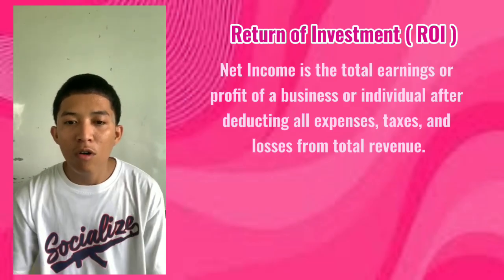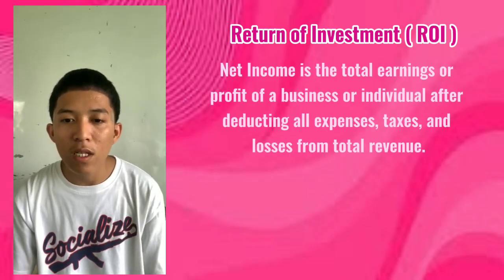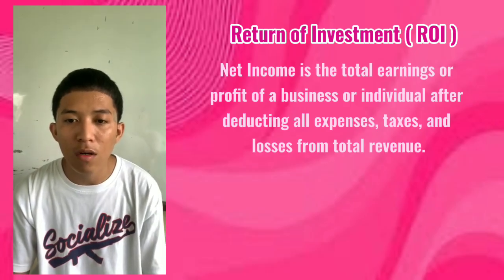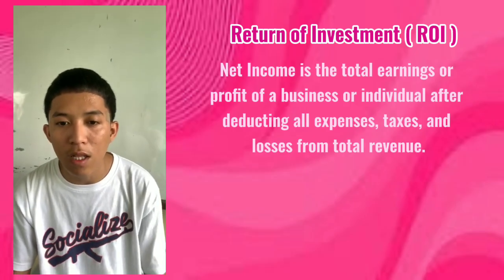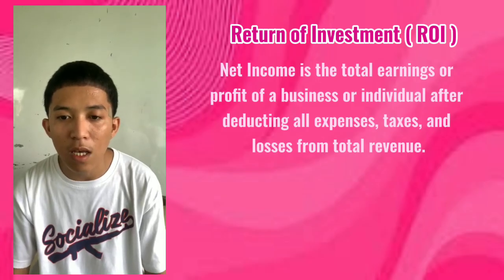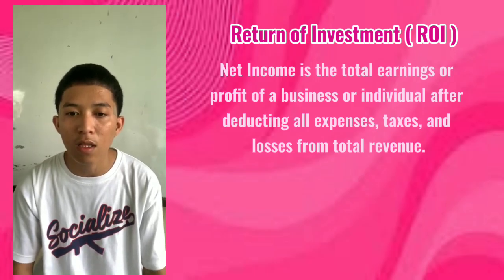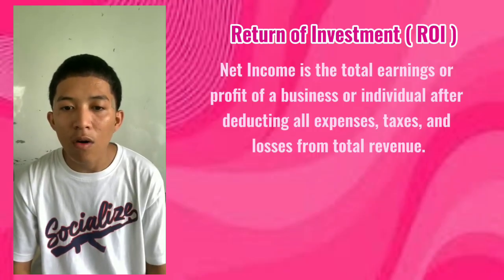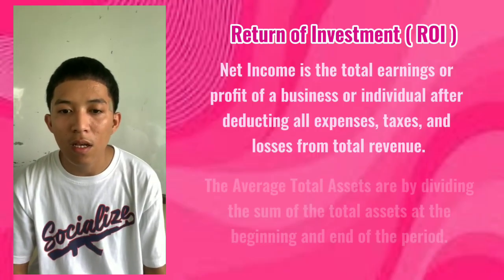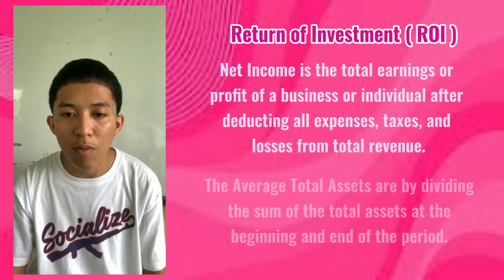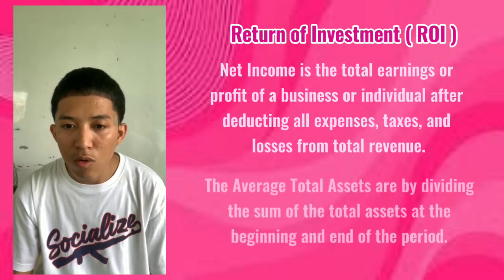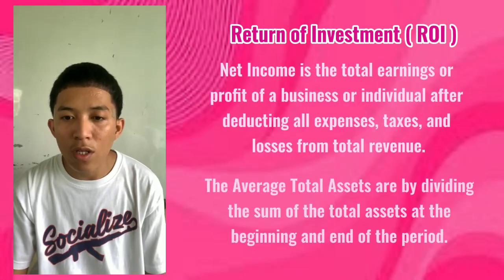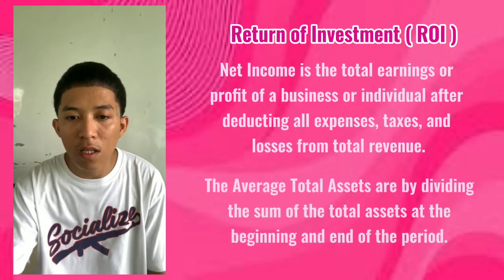Example, suppose a small business has a net income of 50,000. The average total assets for the same period are 250,000. Number 1, calculate ROI. ROI, return on investment, is 50,000 divided by 250,000 equals 0.20 or 20%.